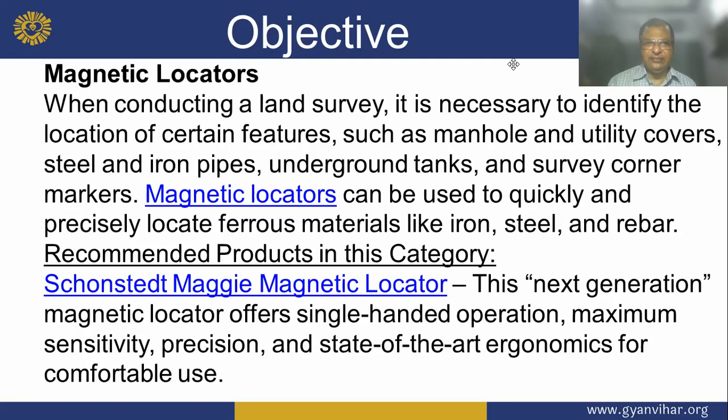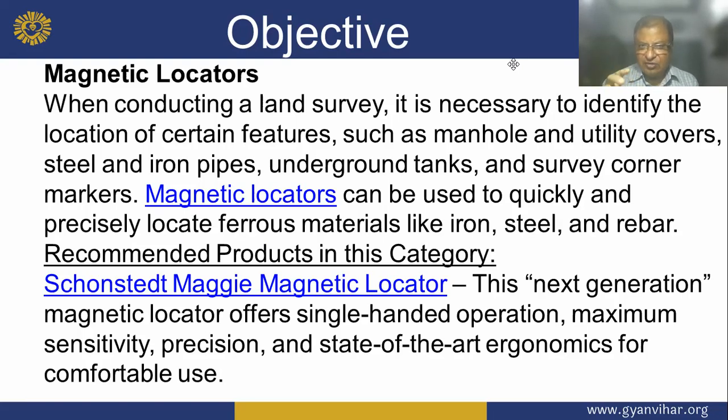Next instrument name is magnetic locator. When conducting a land survey, it is necessary to identify the location of certain features, such as manholes and utility covers, steel and iron pipes, underground tanks and surveyor corner markers.